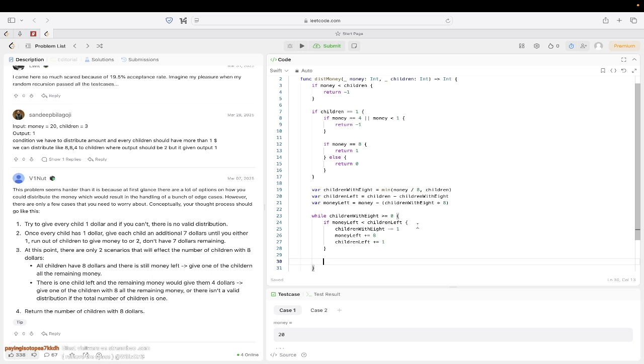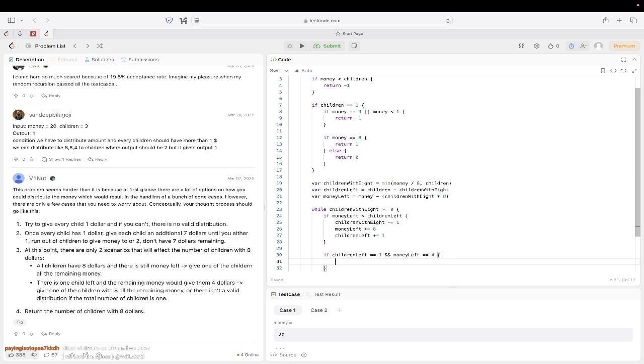Okay, we need to check for our $4. So if we have one child left, if children left is equal to 1 and the money is equal to 4, that's also a no-no.